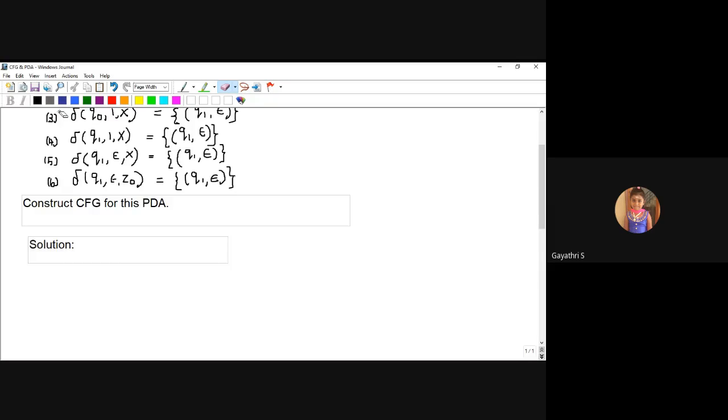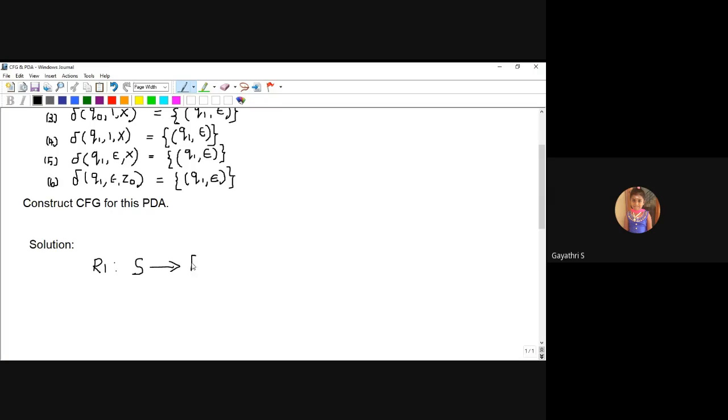For this problem, I will write initial rule number one. The initial rule always starts with the starting symbol S.